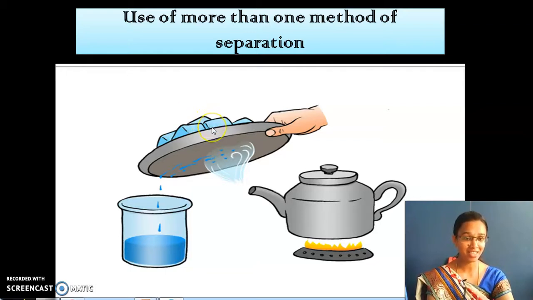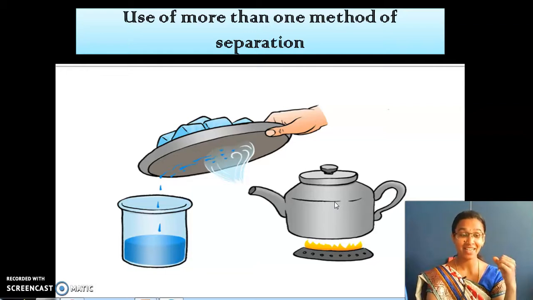The temperature of the plate is lower compared to the vapor, but the temperature here is higher. Due to the temperature difference, the vapor which hits this plate is converted into liquid, that is water. But inside the kettle, what remains? After all the water has been evaporated, salt will remain inside this kettle.